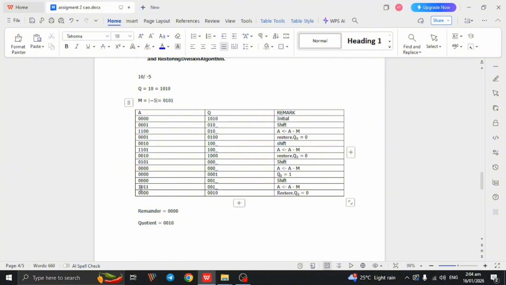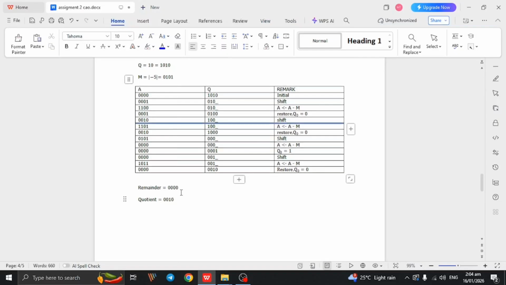We see that the most significant bit of A is 1, so we restore it, and Q0 becomes 0. So this is the last one. A is the remainder, and Q is the quotient. So the remainder is 00, and the quotient is 0010.